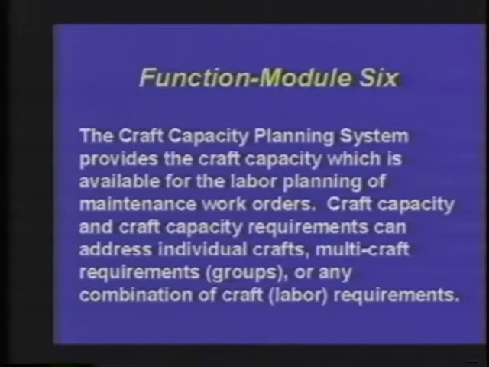We have, let's say, our own craft personnel, and those personnel can be identified by different craft codes. There may be a need in your operation to separate, let's say, journeymen from apprentices.